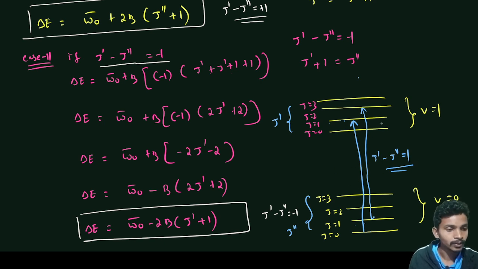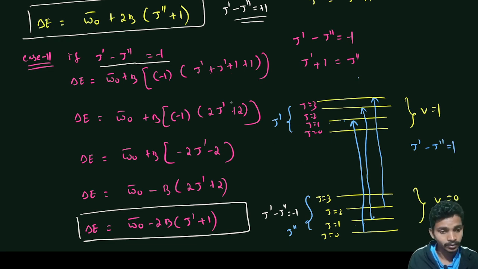Okay, like that. Let me erase it. If I do this to this to this transition, these are all j dash minus j double dash equal to 1. This type of transition is here. So those transitions I represent by omega naught plus 2b times j double dash plus 1, and we will represent all of that.